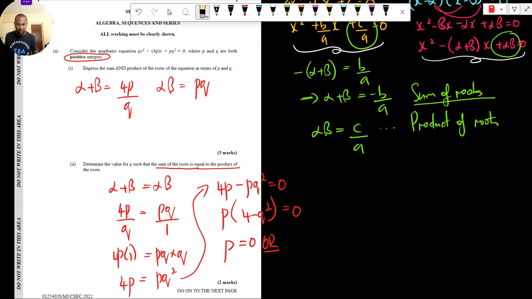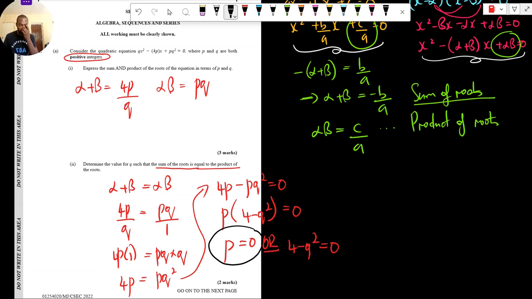So we essentially get our two equations. But of course, remember we're told that p and q are both positive integers, which means that p equals 0 is not valid. But we just leave it there for a while, right?